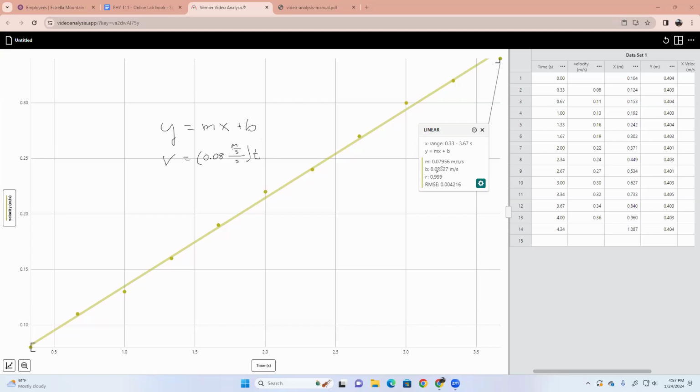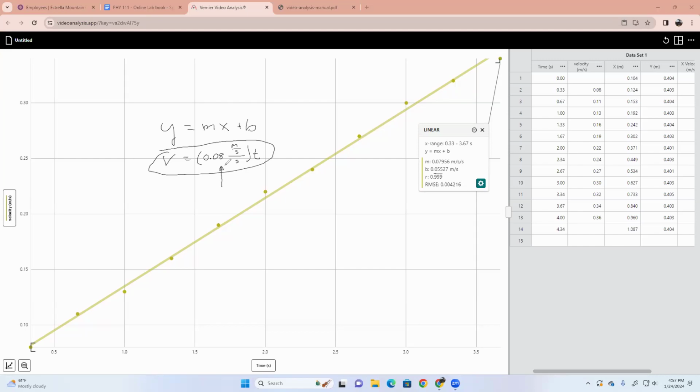Our y-intercept is pretty darn small, so I'm going to ignore it for this situation. So it looks like that right there is our model for velocity. This is something we definitely need to talk about and figure out what that slope actually means.